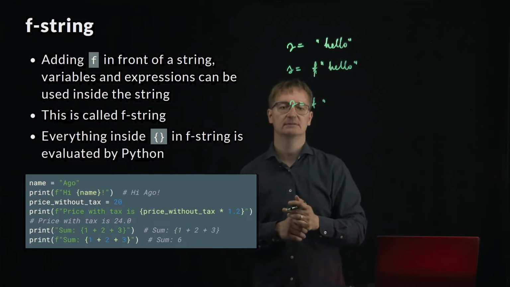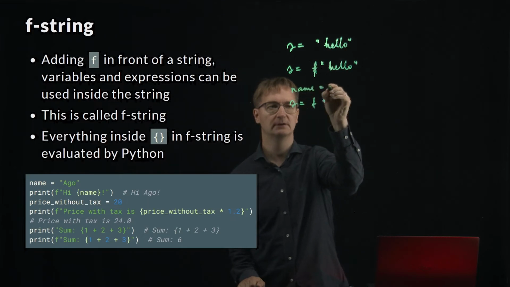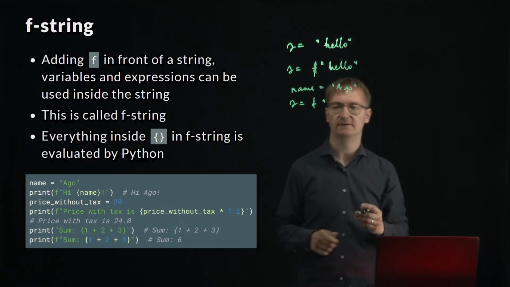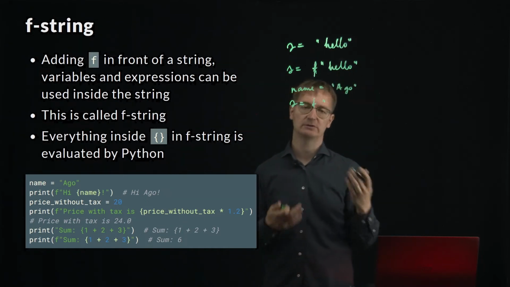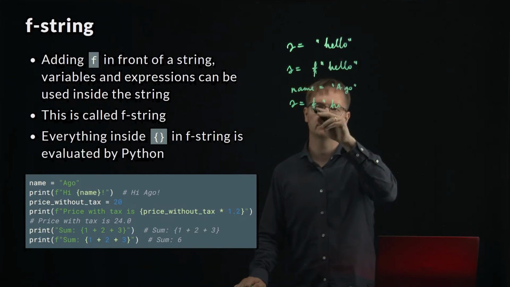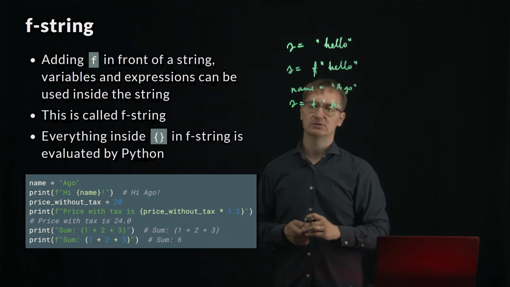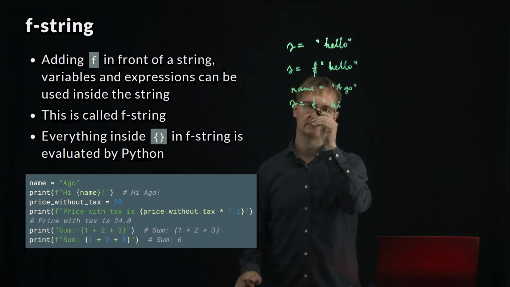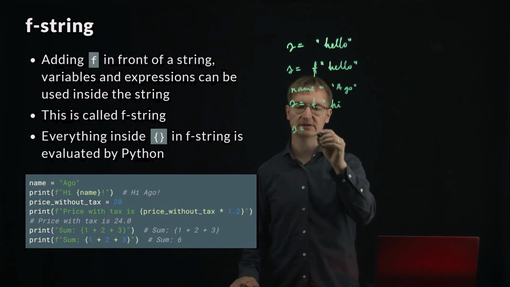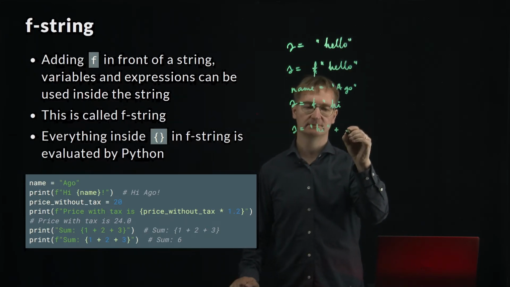So let's say we have a variable name, which is Aro. Regular string, no f in front of it. And now we want to have a greeting. So let's say it's hi, and we want to say hi Aro. Before f-string, we can use regular strings. We can say that it's hi plus name.